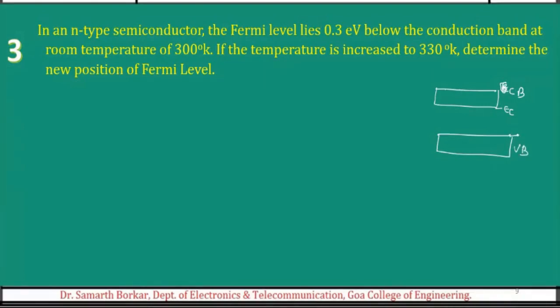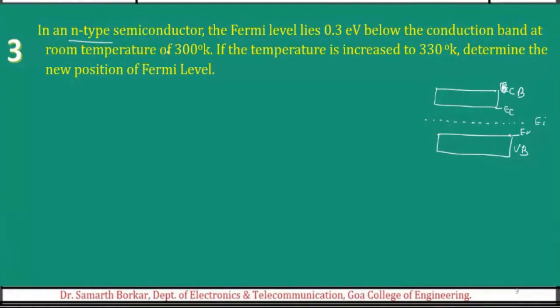Valence band, and this energy is marked as EV. This is the intrinsic Fermi level which lies at the center of the semiconductor. Now, it is categorically mentioned here that it is an n-type semiconductor.